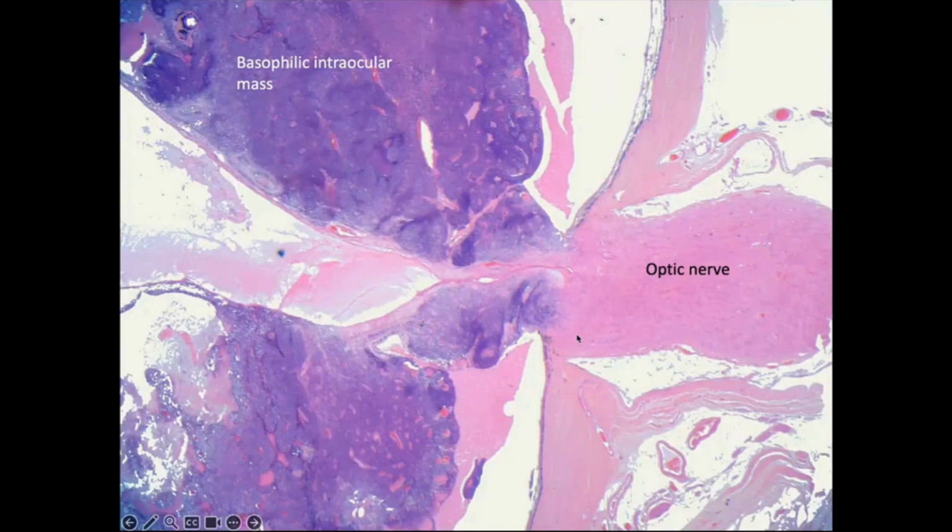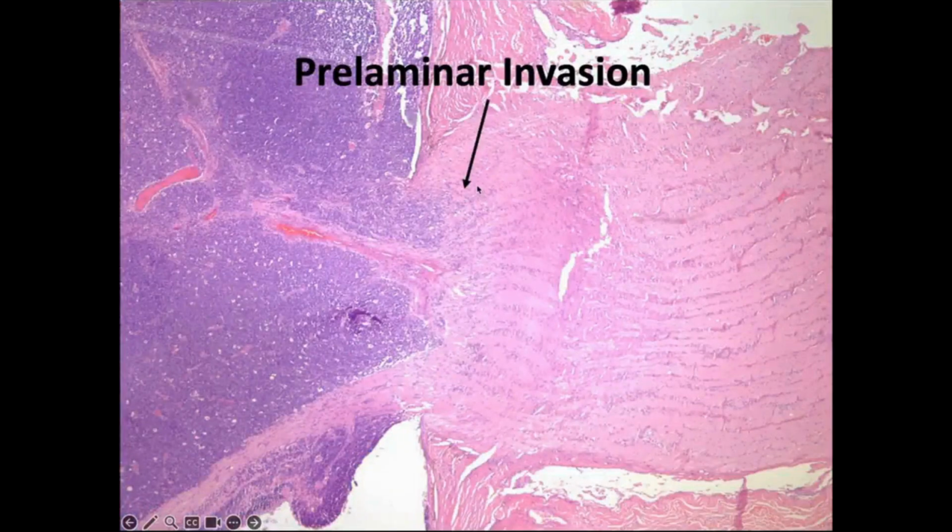It is the presence of any tumor cells beyond the lamina cribrosa, i.e. posterior to the lamina cribrosa, which defines whether you have extraocular growth. So here, this is so-called pre-laminar invasion.